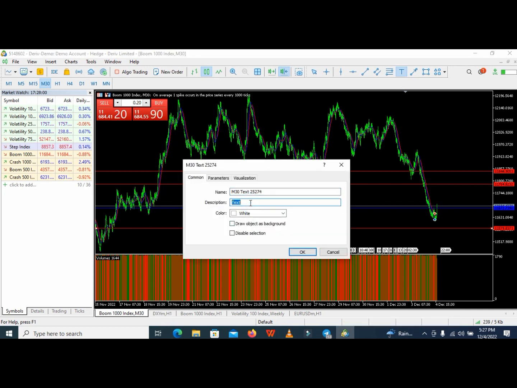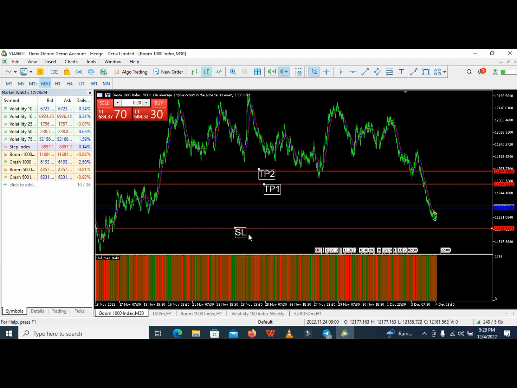Sometimes you have to bring it down a little so that you don't lose your trade. So you see that this is the normal, the corresponding normal. So if I want to place a trade, this is how I'm going to give my stop loss and take profit.